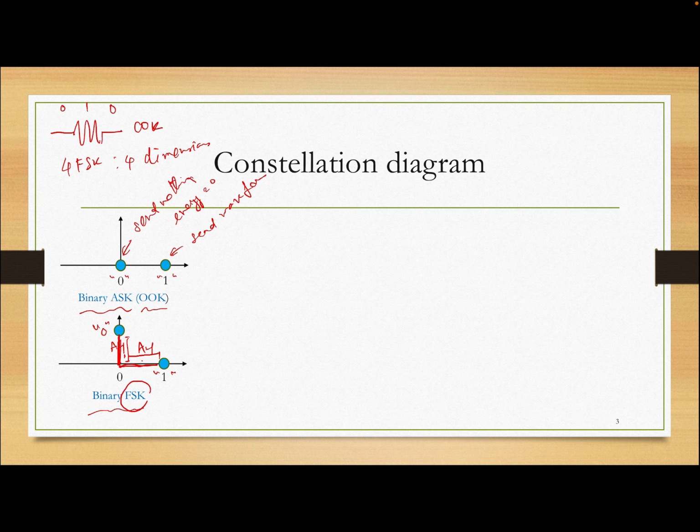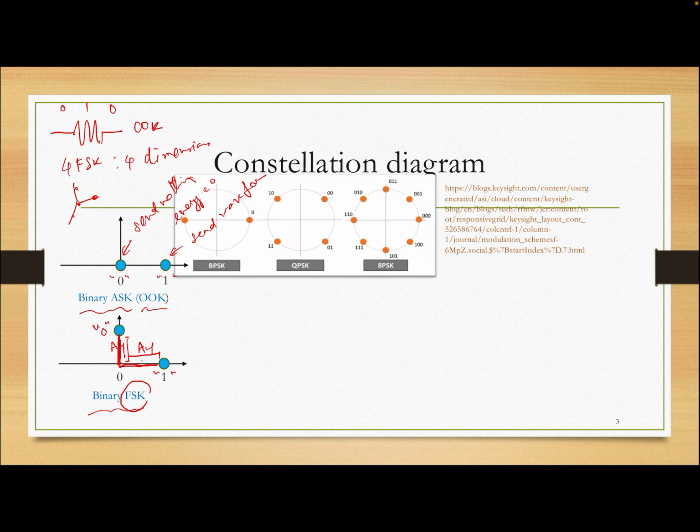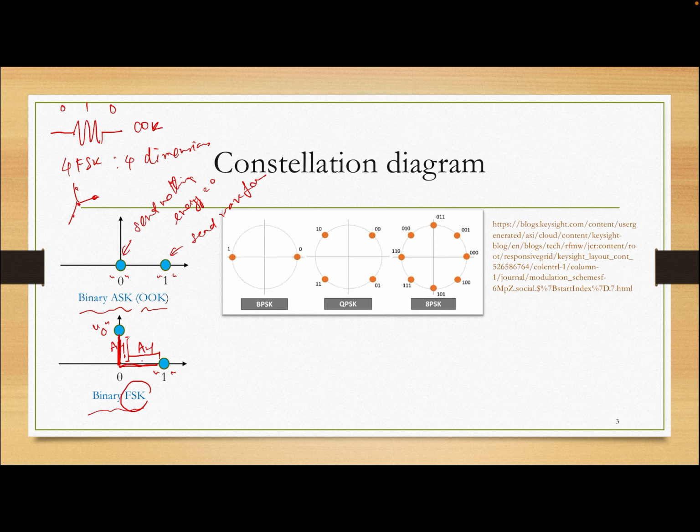I cannot draw that here, but in 2 dimensions we can draw. So the signals are orthogonal to each other. So this is the 2-dimension or binary FSK. For 3FSK, they have to have another dimension coming out that has another point, out of the paper. So I cannot draw that.